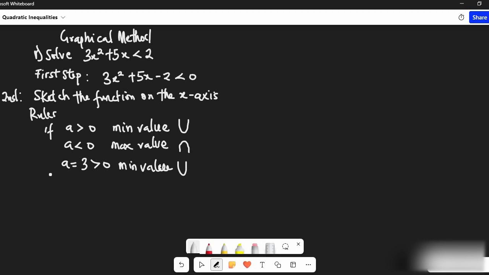Now, next thing we want to do is to find the zeros of the function to see where the curve intersects or cuts the x-axis. Now, how do we find the zeros of the function?